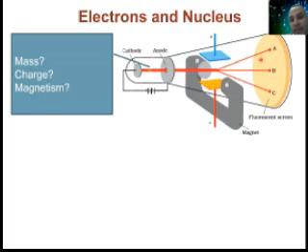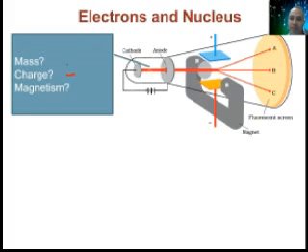If you apply an external electric field perpendicular to the path of the beam, you will find that the beam is actually curving towards the positive electrode, which means these particles have to be negatively charged in order to be attracted towards the positive electrode of the external field.